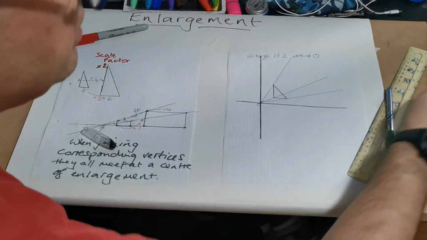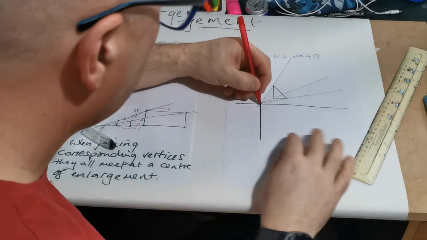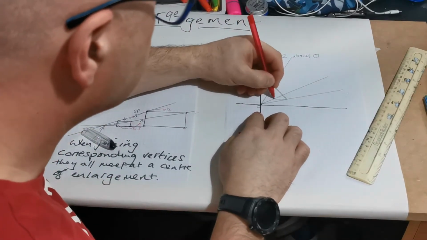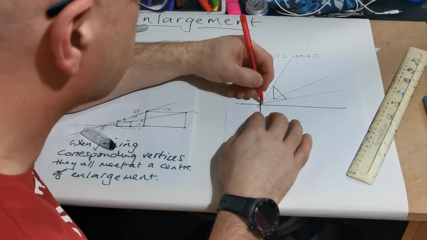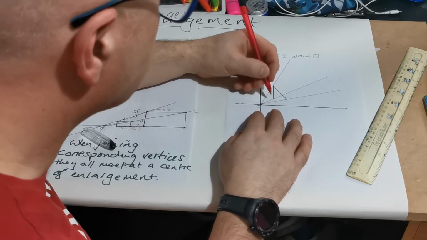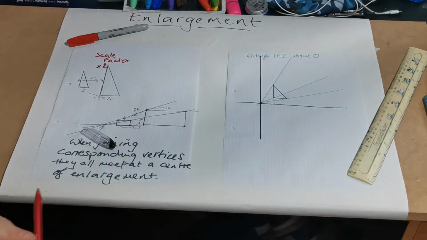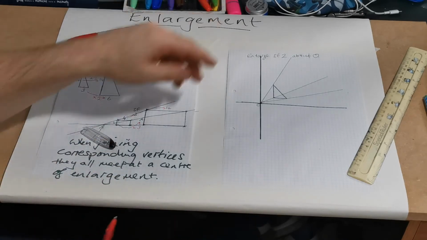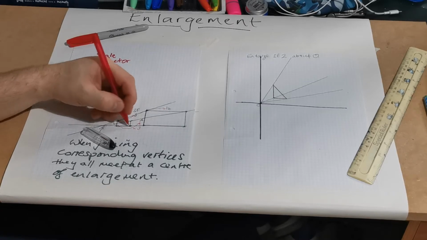Right, in my cheating method, I'm going to look at how I get from O to my corner. So I'm going to this vertex here, this corner here, and I go 1, 2, 3, 4, and 1, 2, 3. Now that distance will be multiplied by whatever the scale factor is. If you look here, we've got the same distance there, there, and there.